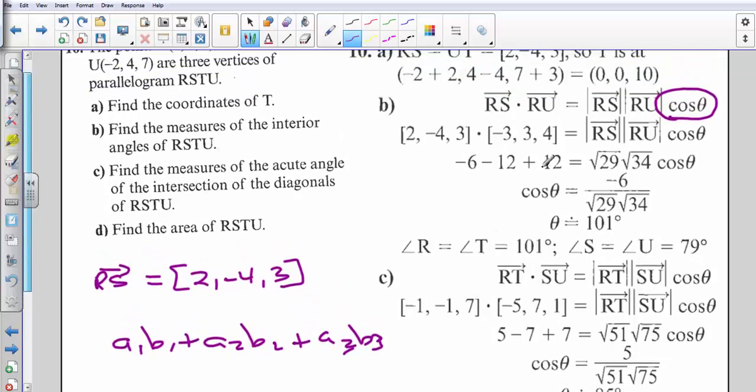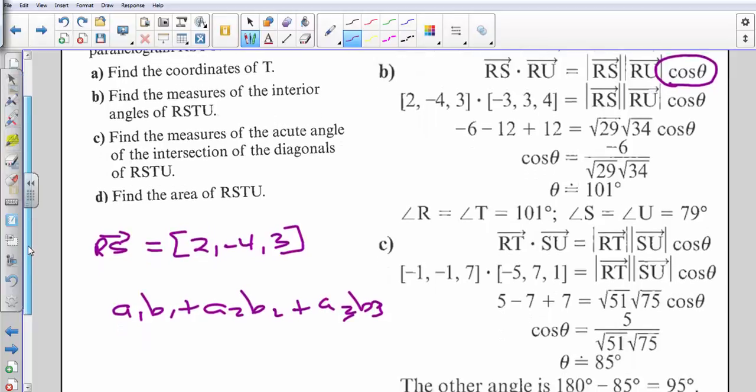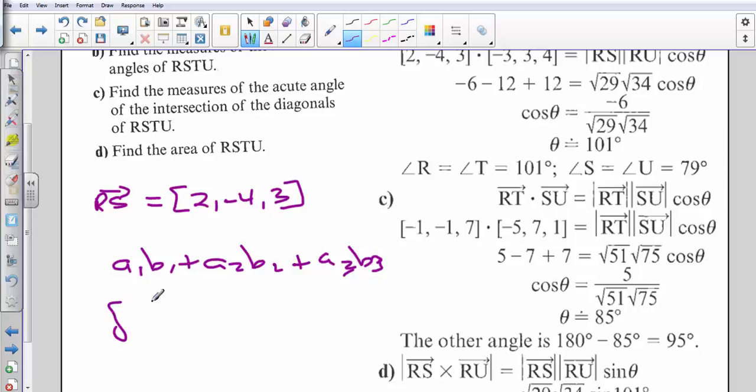That allows us to find an answer of negative 6 here, and these two values are the magnitudes of the two vectors. And of course, to find the magnitude of a vector, we simply use a modified Pythagorean theorem.